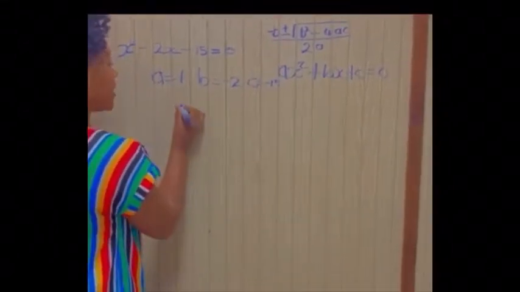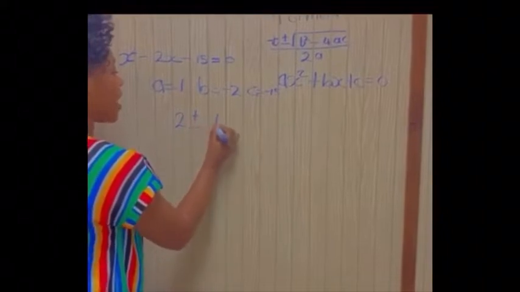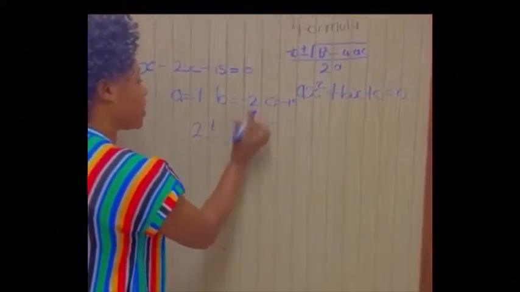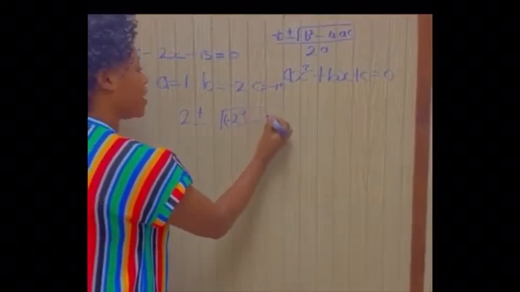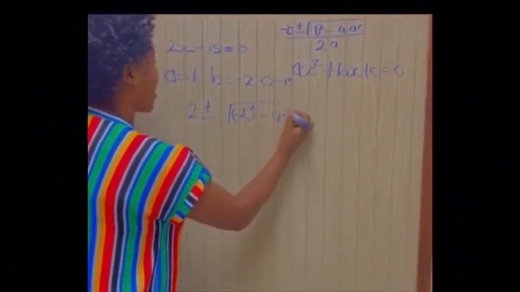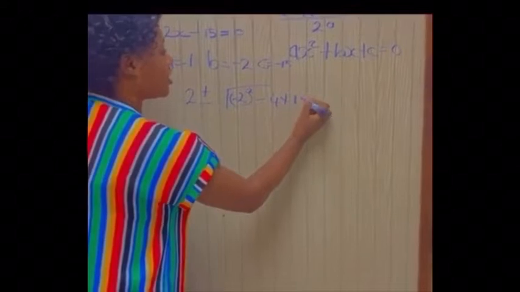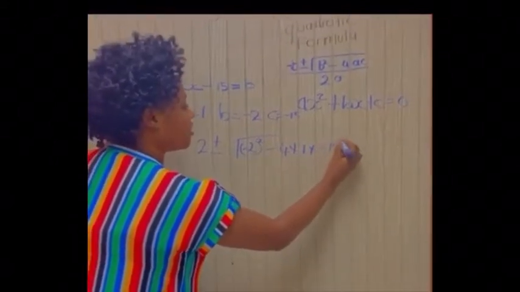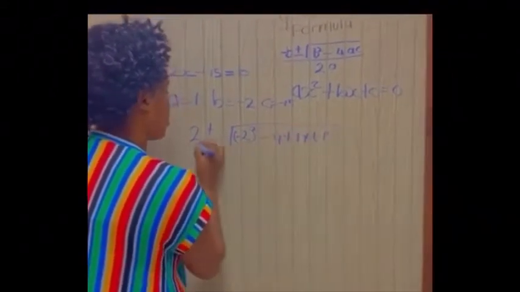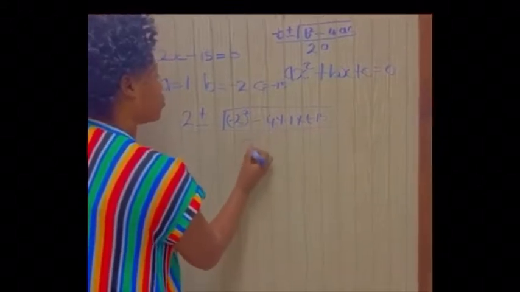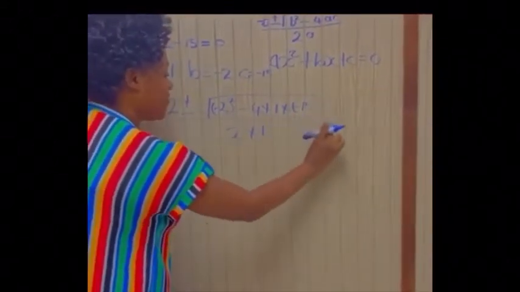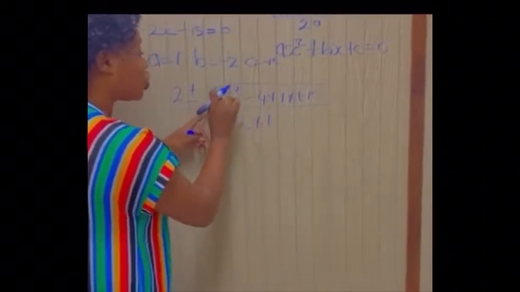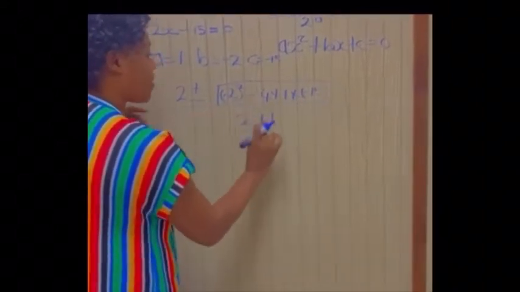That will give us a positive 2 plus or minus the square root of b, which is negative 2, raised to the power of 2 minus 4, our a, which is 1, and our c, which is negative 15. And that is all divided by 2 times a, which is 1. Students, everything is divided by 2a, not just the square roots, but everything.